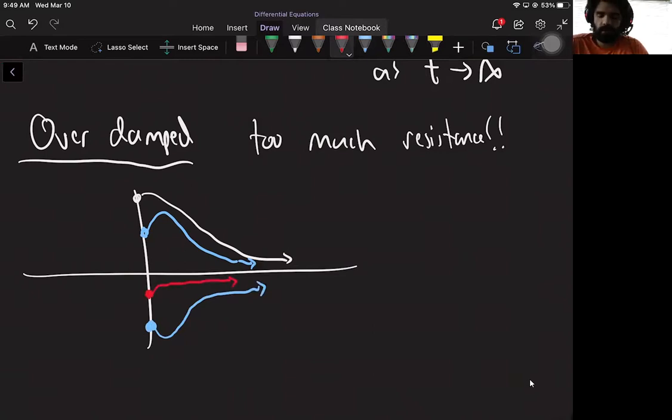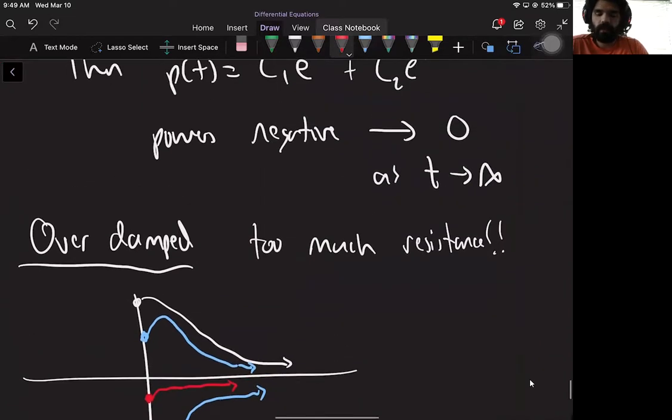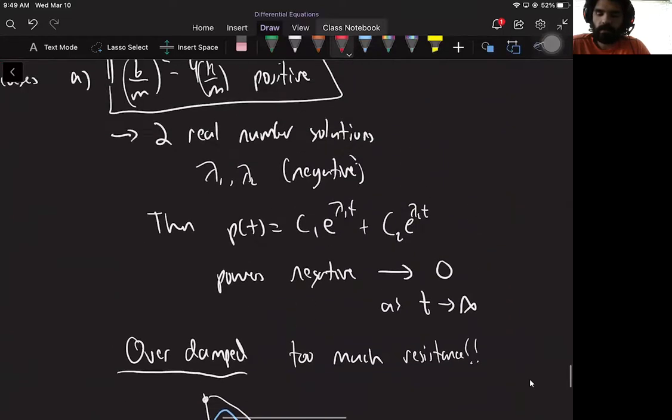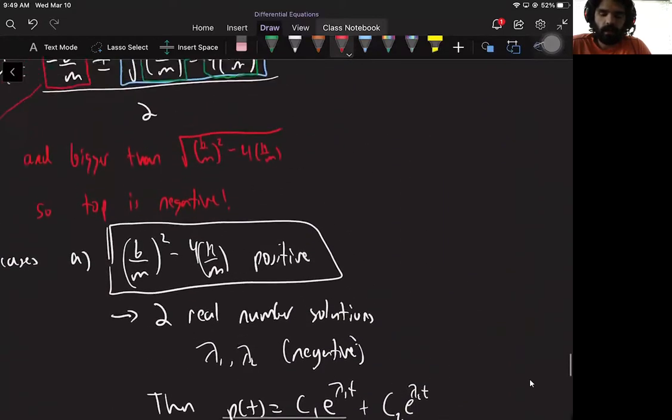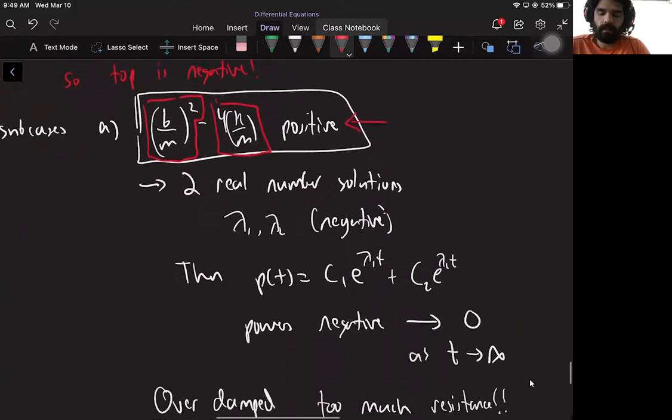They usually look like one of these variations. So the spring doesn't oscillate at all because it just decays very quickly. And it's because this inside is positive. So it's good to think about, when will this be positive? Well, that depends on this guy being bigger, since you're subtracting, than this guy. So it's good to think about when that might happen.